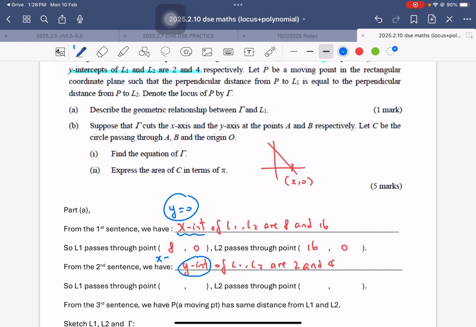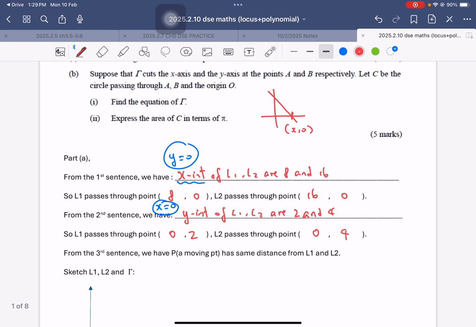X is equal to 0. Okay? Then which means that L1 passes through which point? 0, 2. And L2 passes through 0, 4. So those are the points that you have already, isn't it?